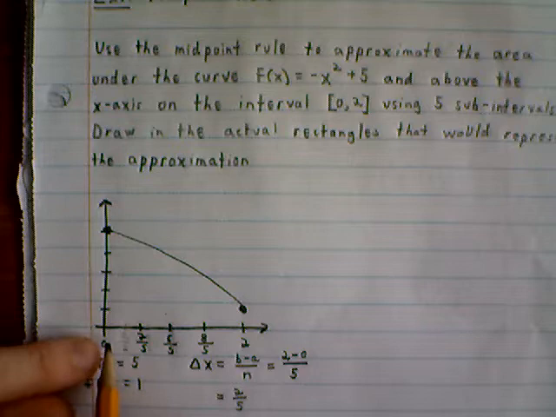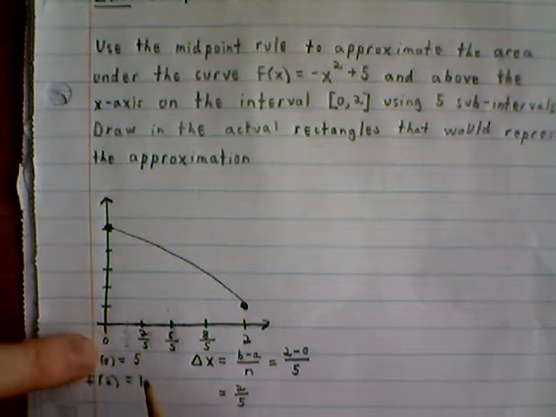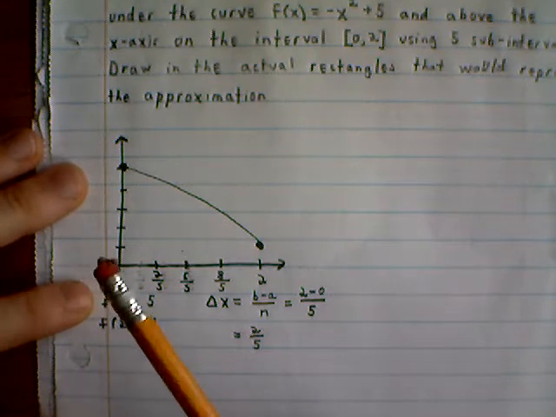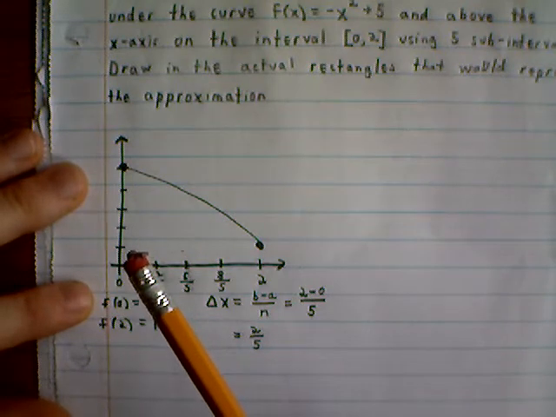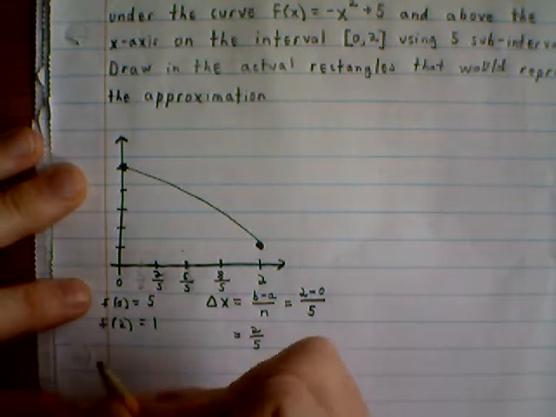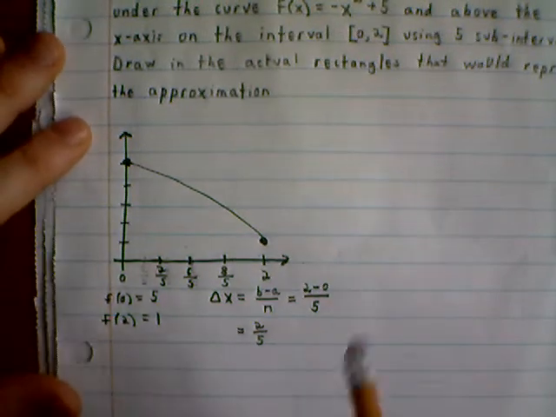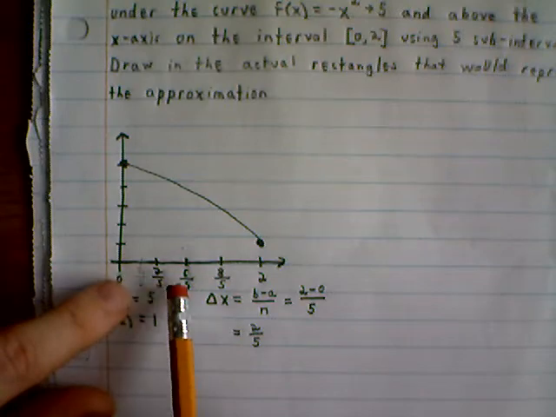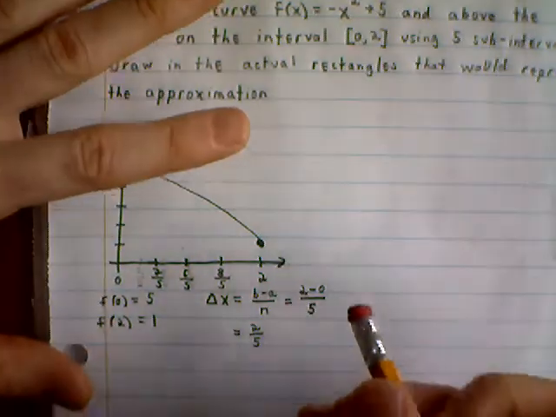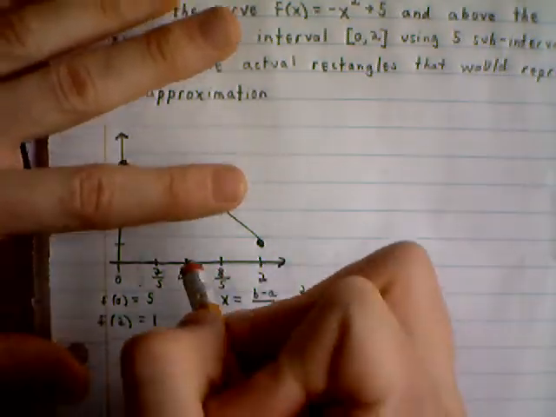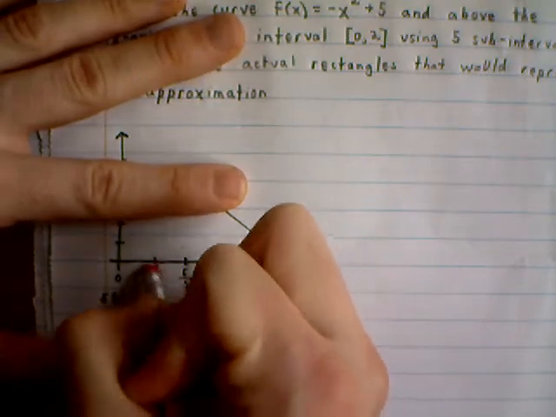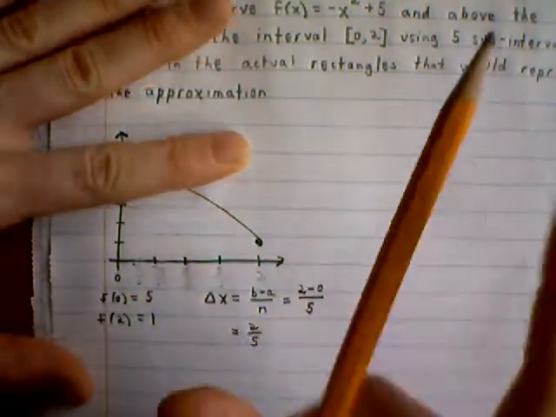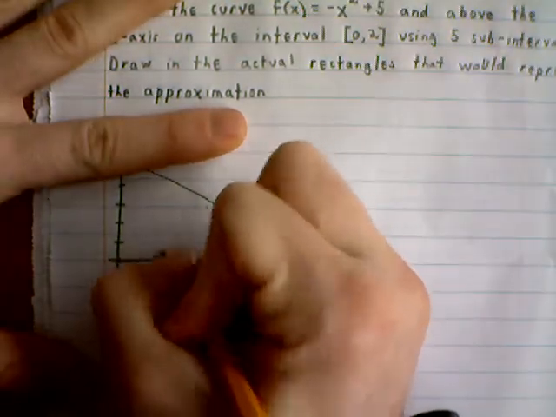So the midpoint between 0 and 2/5, I'm not going to show work for all of them, but I'll show work for the first one. Oh wait, I made a mistake. I notice now where my mistake was. I went 2/5, 6/5, 8/5, 2. We have to go ahead and fix that. It should have been 2/5, 4/5, 6/5, 8/5, and 2.